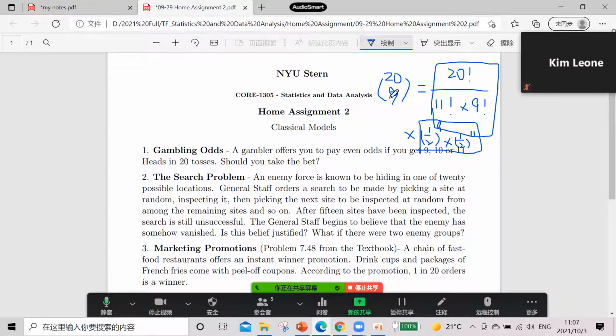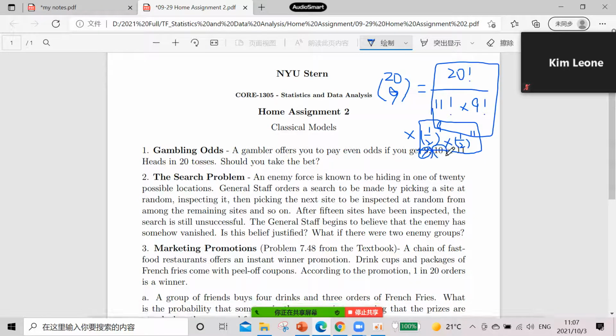But notice that this is only the probability of getting 9 heads out of 20 tosses. You still need to calculate yourself the probability of getting 10 heads, the probability of getting 11 heads, and sum them up to compare with 50%. Here I'm just calculating the probability of getting 9 heads out of 20 tosses. This result was absolutely lower than 50%.